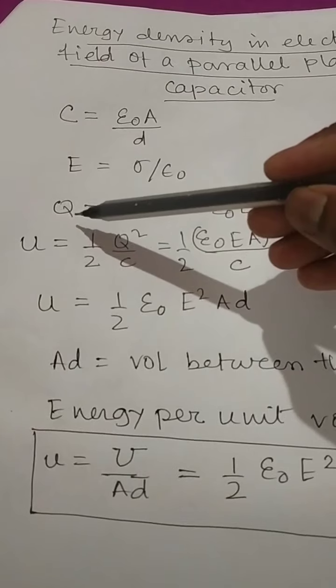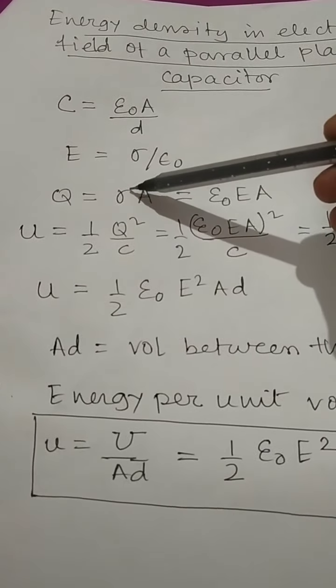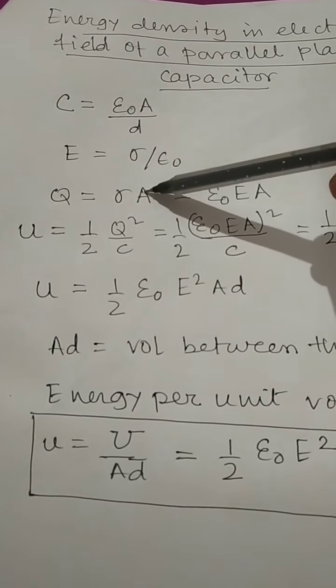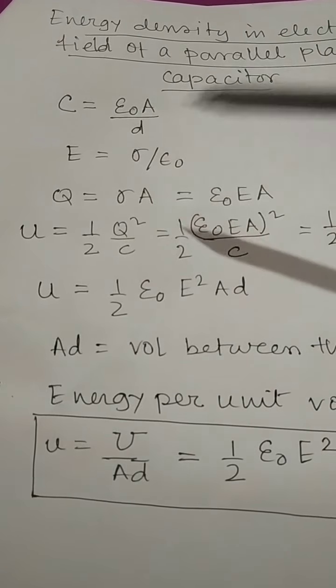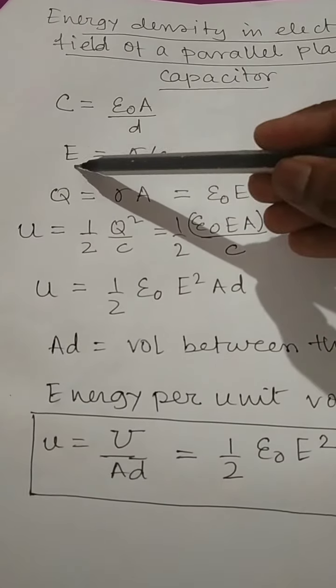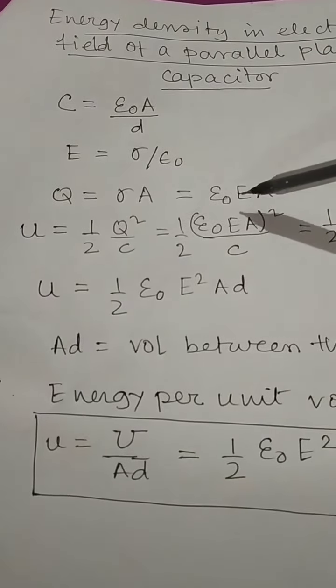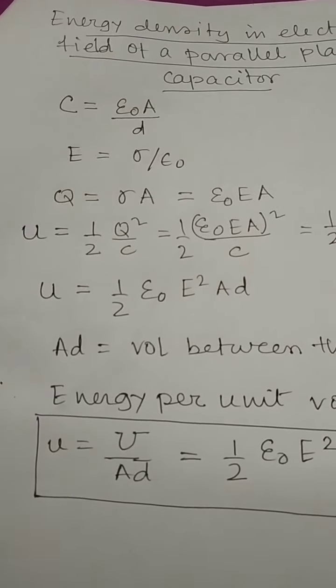The charge Q given to the plates equals the surface charge density sigma times the area A. So sigma equals epsilon naught E, and Q will be epsilon naught E into A.